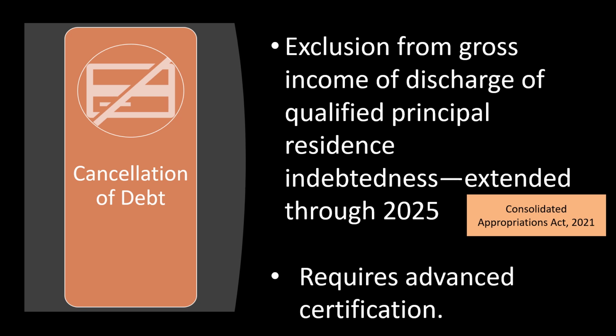This was put into law after the housing crisis in 2007, and it was scheduled to sunset this year, but it's been extended through 2025 with the Consolidated Appropriations Act of 2021. And again, remember, this one is going to require advanced certification.